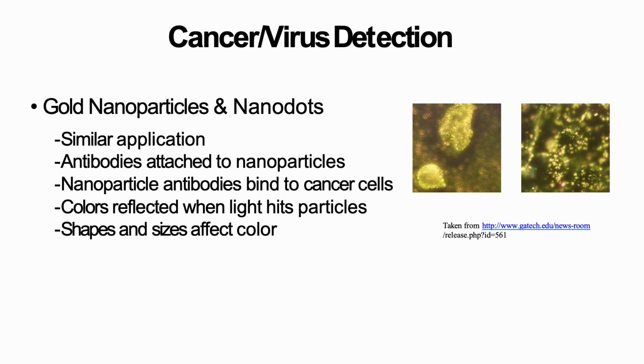Again, of course, we talk about shapes and size that can affect the color. But you may say, if you would like to use this in vivo, do we have any limitation? Yes, we do have limitations, because you're going to be able to see the gold nanoparticles on a cancer cell. However, if these are in the deep organs, we still need to be able to use the light, which is not always easy.